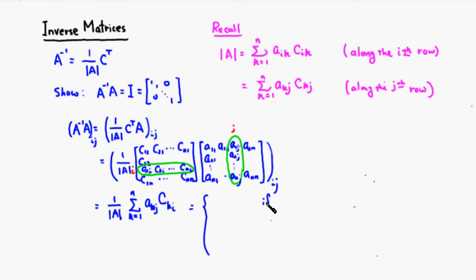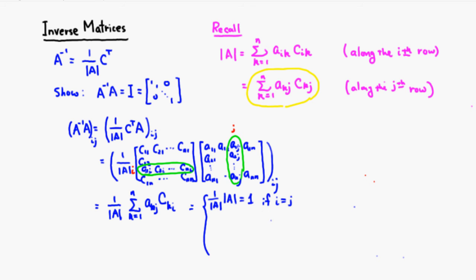If i and j are equal to each other, then you can see that this is the definition of the determinant. If i equals j, you're going to get exactly this, because instead of i we put j there, which is just the definition of the determinant of A. So you actually get the determinant of A. So it's 1 over determinant of A times determinant of A, which is just 1.